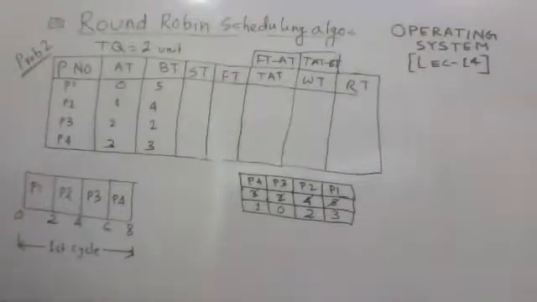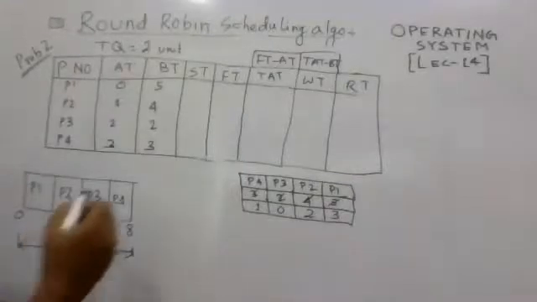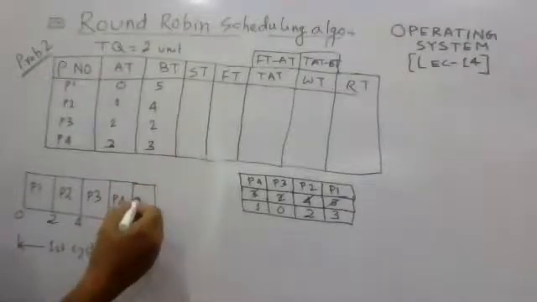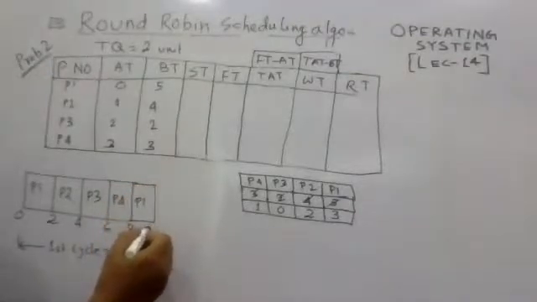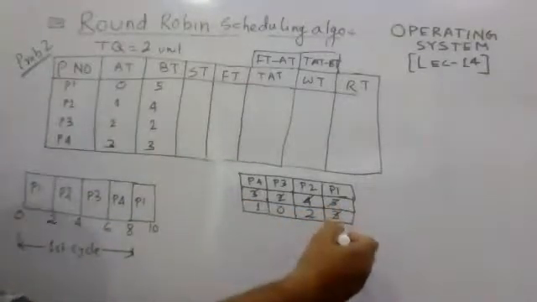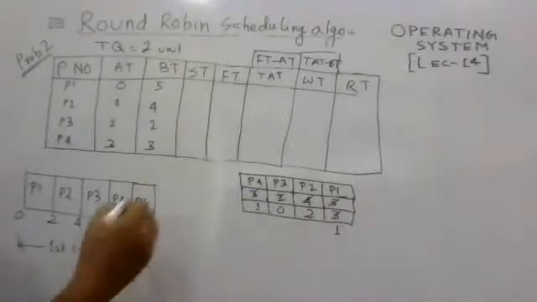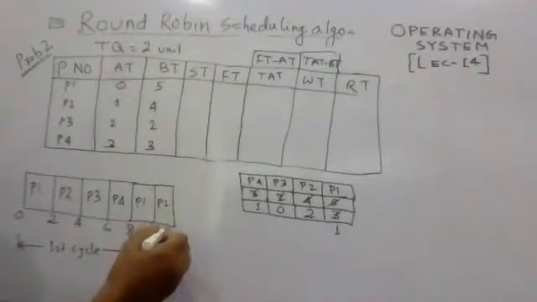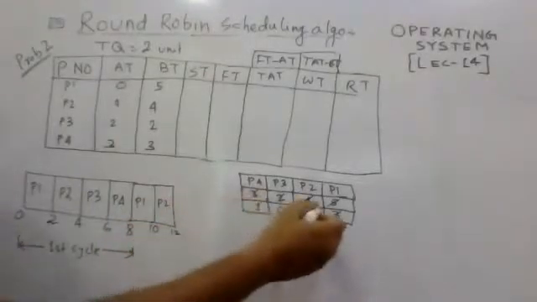Now again we have to start from P1, and in the second cycle we have 3 processes in the ready queue, that is P1, P2 and P4. So now we assign P1 again for time unit 2. So this is 10 and this is the remaining time. Now next we assign P2. This is 12 and this is 0.